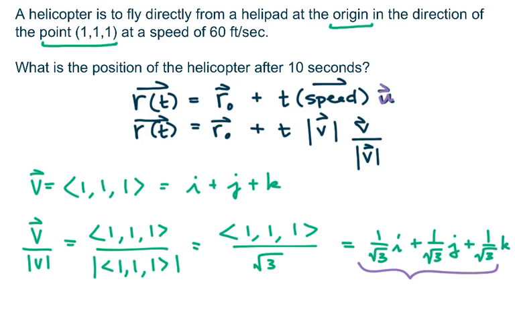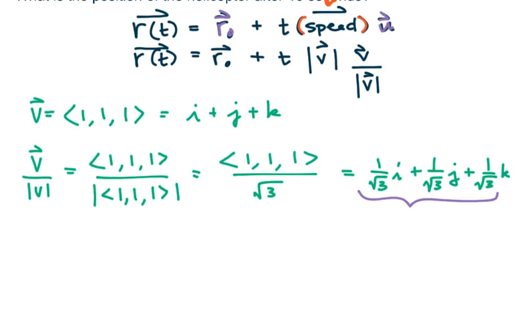And the speed, we know what the speed is because that's given. And r naught, since we are starting at the origin, r naught is the 0 vector. That's my initial position. So I'll rewrite that for us.